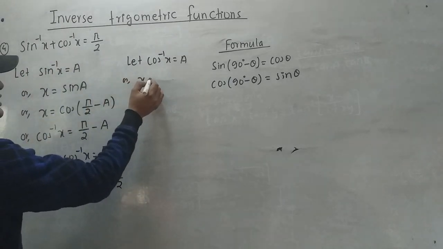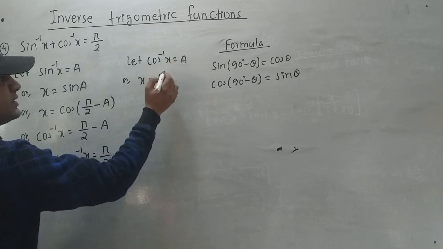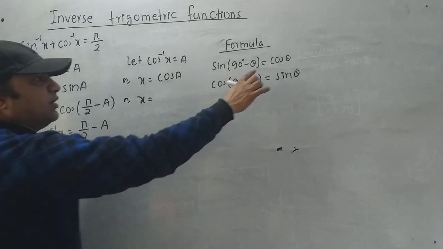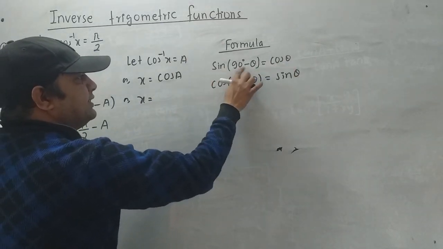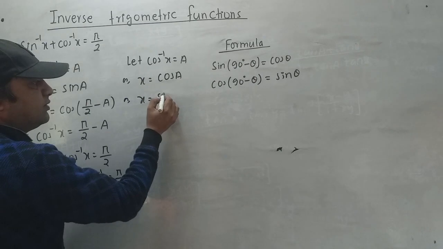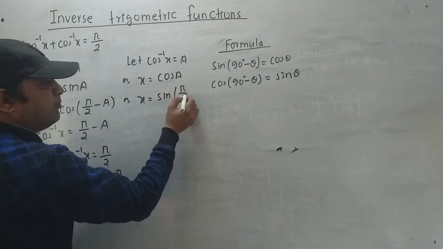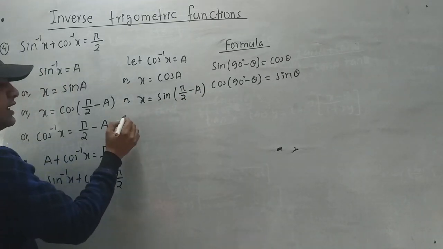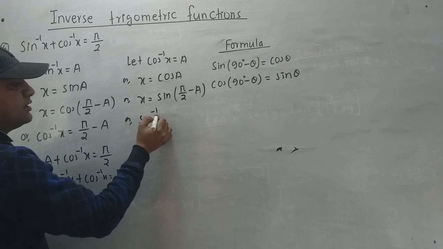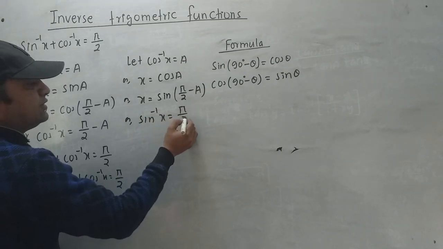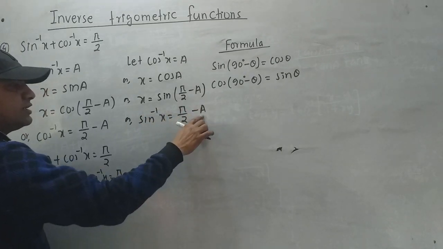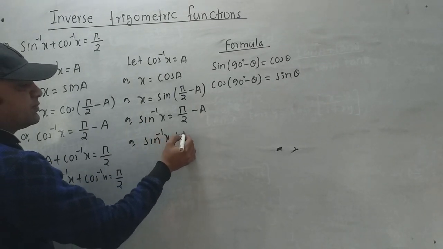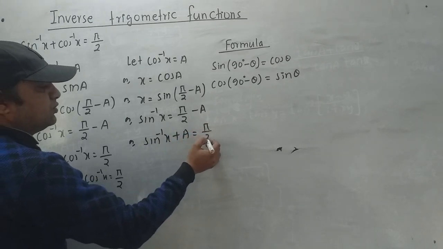Then x equals cos A, and for cos A you can write sin(90 minus A), where 90 means pi by 2. So x equals sin(pi by 2 minus A). You take this sin to the left hand side, so sin inverse x equals pi by 2 minus A. Transporting A to the left hand side, it is sin inverse x plus A equals pi by 2.